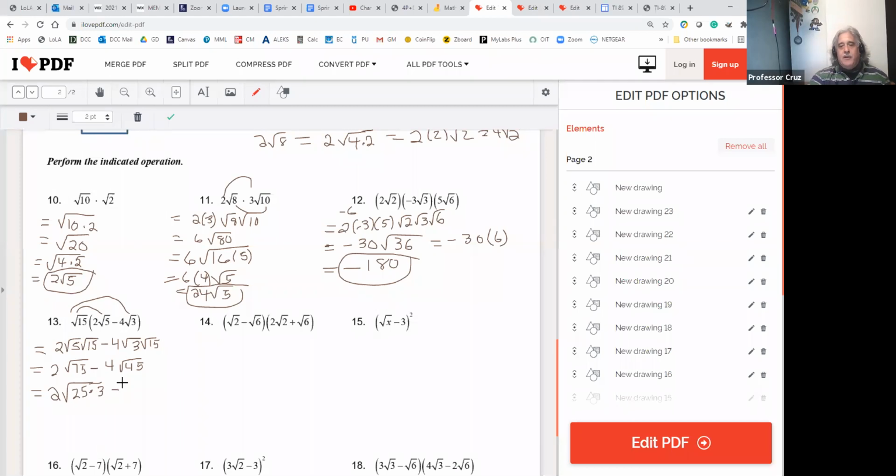So we have to think a little bit differently. This is where it does help to have some multiplication table experience, because that's 9 times 5 in there. So square root of 25 is 5, and then the square root of 3 stays in there.